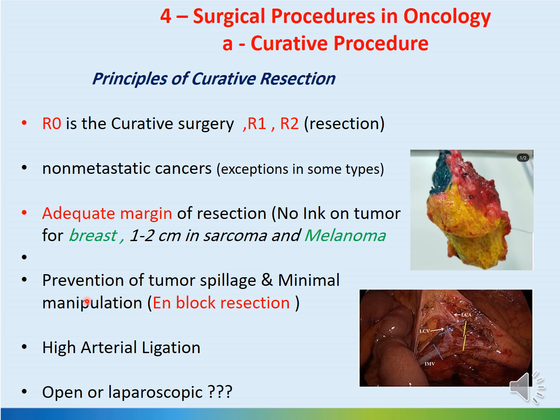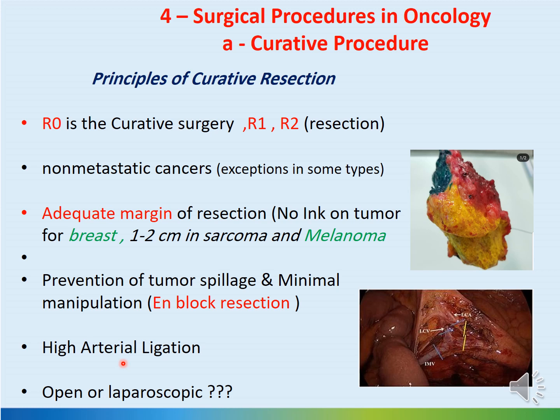One more thing, during the resection, we have to be careful not to cause spillage, or we have to reduce the manipulation during the resection of the cancer, which is called en bloc resection. Some other points: high arterial ligation is necessary in order to remove the whole cancer and the whole specimen.